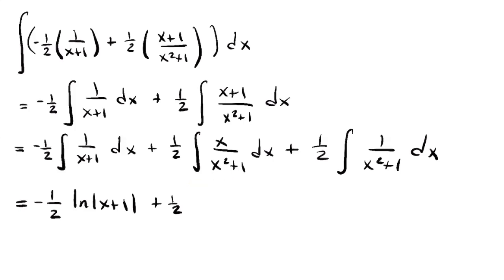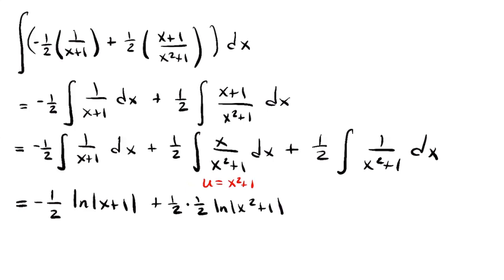I would let u equal x squared plus 1. So du is 2x dx. So that integral has the form 1 over u du up to a constant. I'll let you work out the details there, but that constant would be 1/2, so it'll come out, and then you end up getting a natural log of x squared plus 1 when you do the integral.